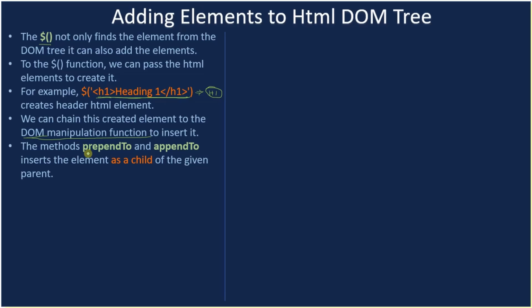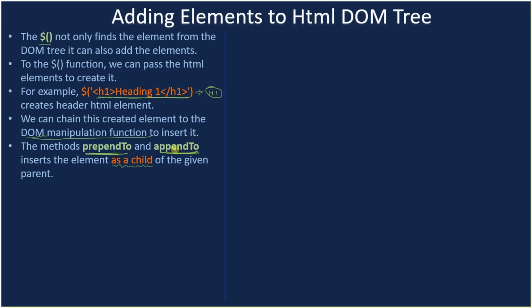The methods prependTo and appendTo insert the element as a child of a given parent. You can make use of the prependTo method or the appendTo method. Both will add the new element to the DOM tree.